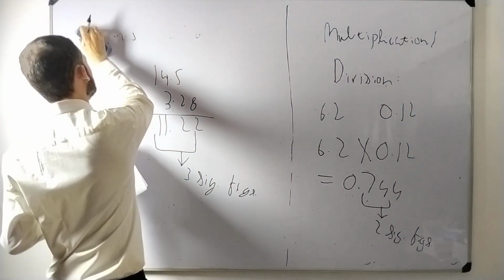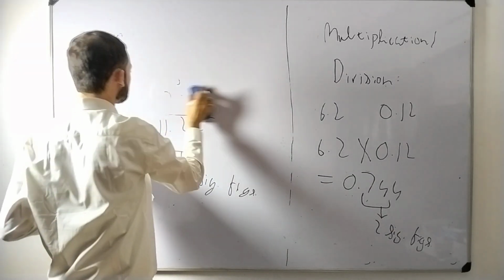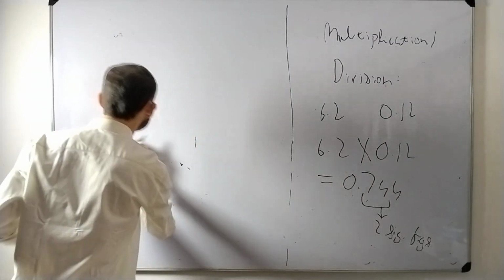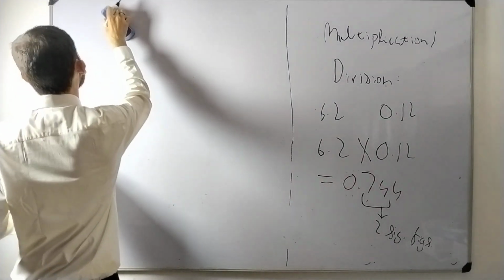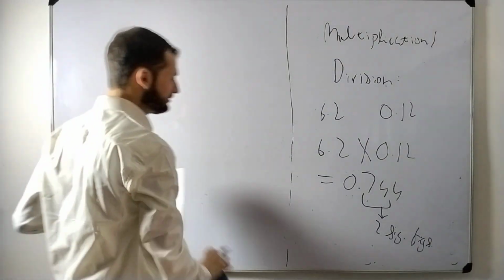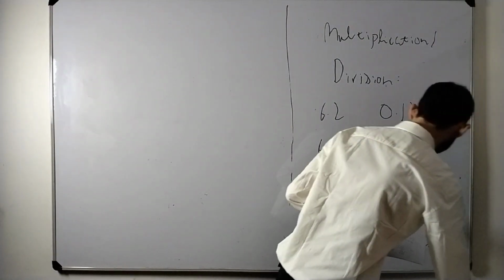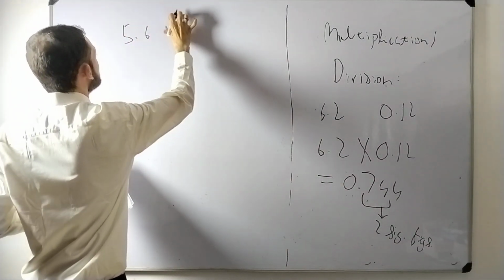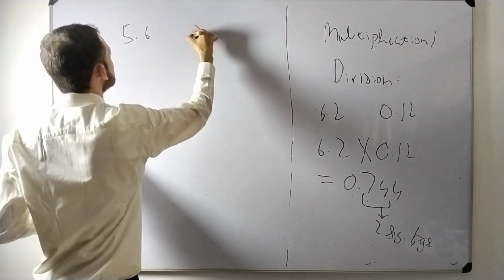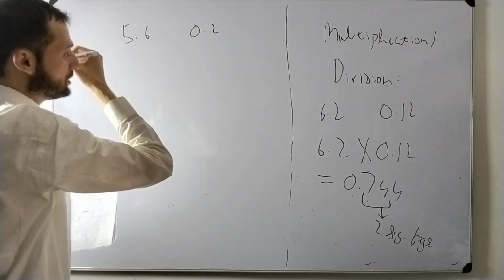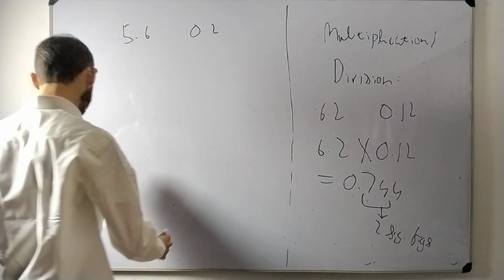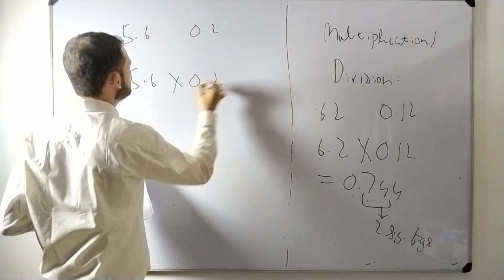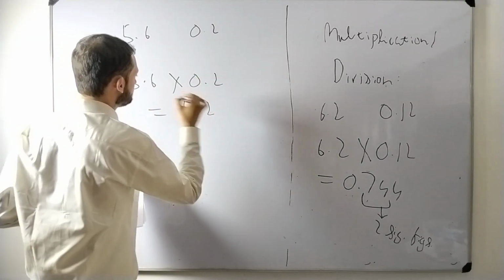Okay, sir, we got your point, but suppose, sir, let's make sir life tough here. 5.6, 0.2. These are the two numbers you have given me. And what it is? 5.6, 0.2, 1.12 is the number.